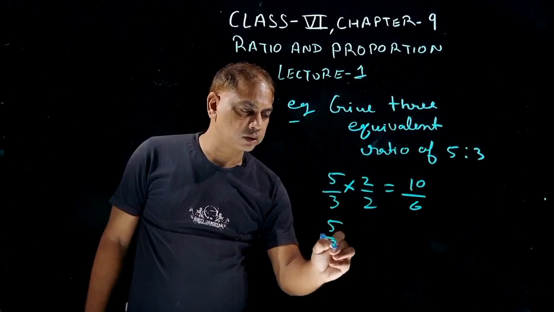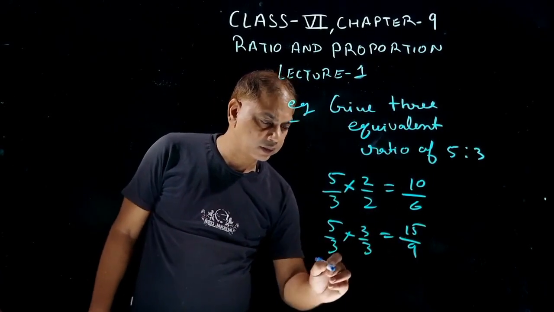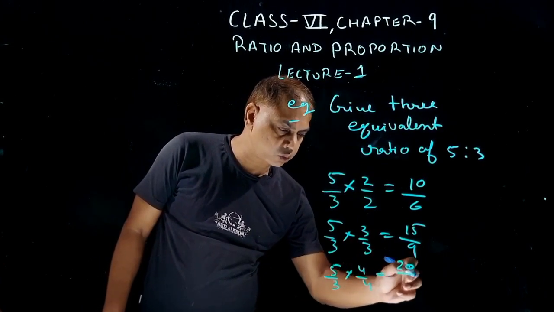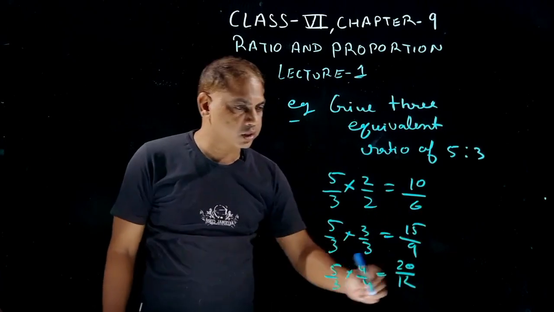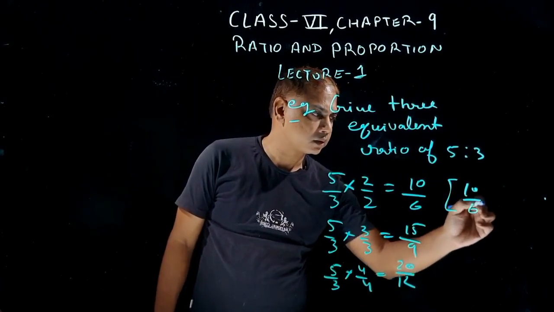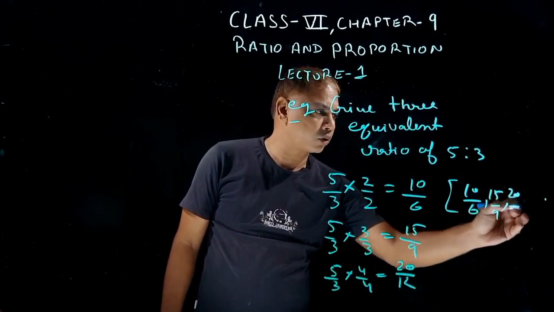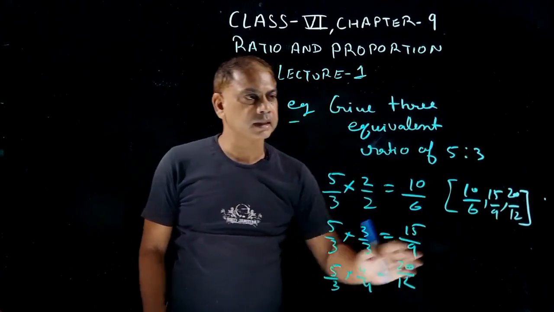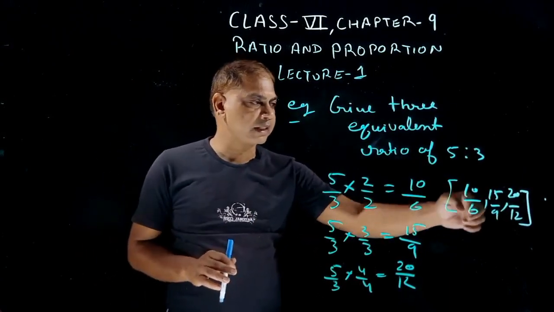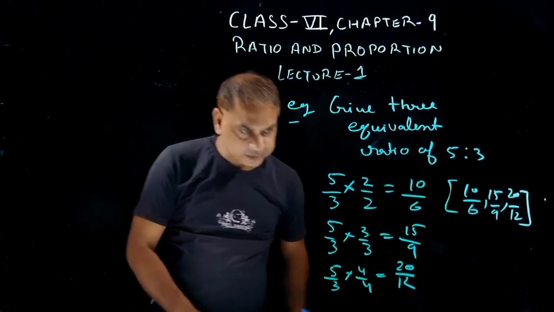Now 5 upon 3 multiplied by 3 upon 3, that is 15 upon 9. 5 upon 3 multiplied by 4 upon 4 is equal to 20 upon 12. So these 3 ratios, 10 upon 6, 15 upon 9 and 20 upon 12, are the equivalent ratios of 5:3. Okay. If I simplify them, I will get the same ratio back. Good. Now come to exercise 9.1.